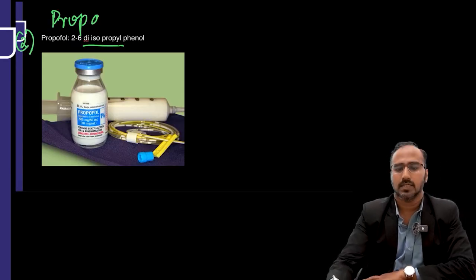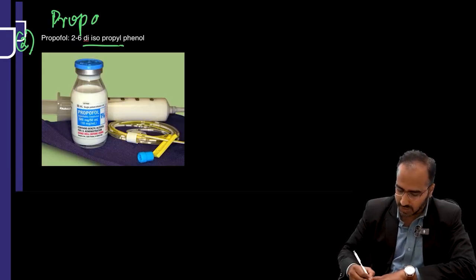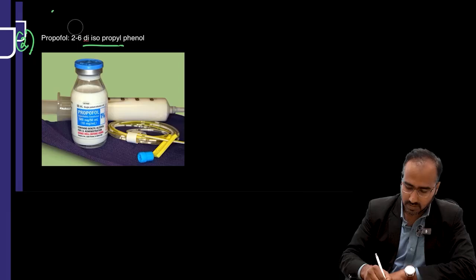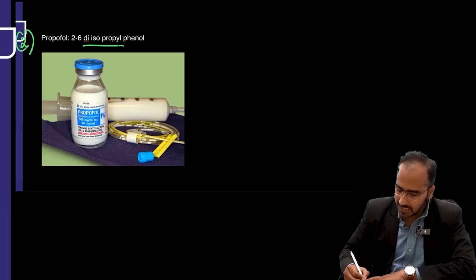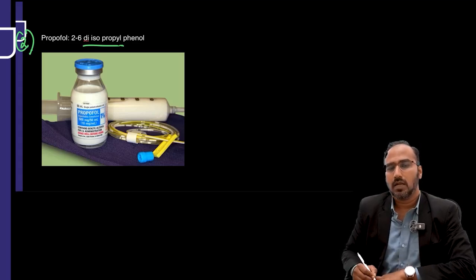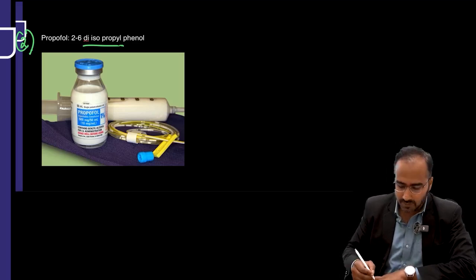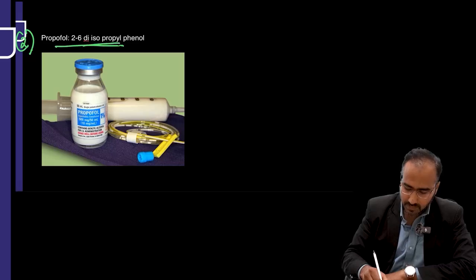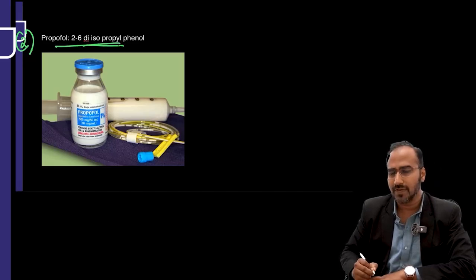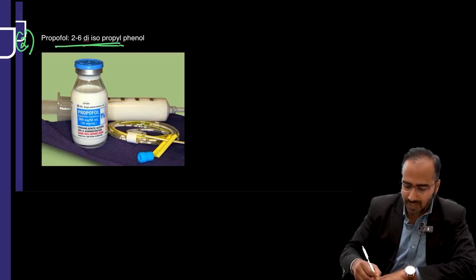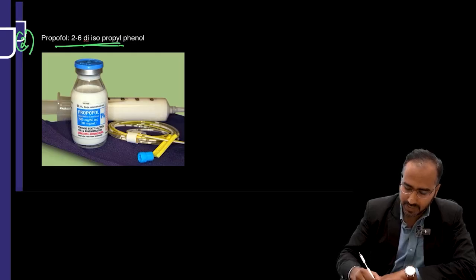So guys, starting with the next IV induction agent, which is called propofol. The other name for propofol is 2,6-diisopropylphenol. Now regarding this propofol, what we need to remember is propofol is available as a milky white solution.